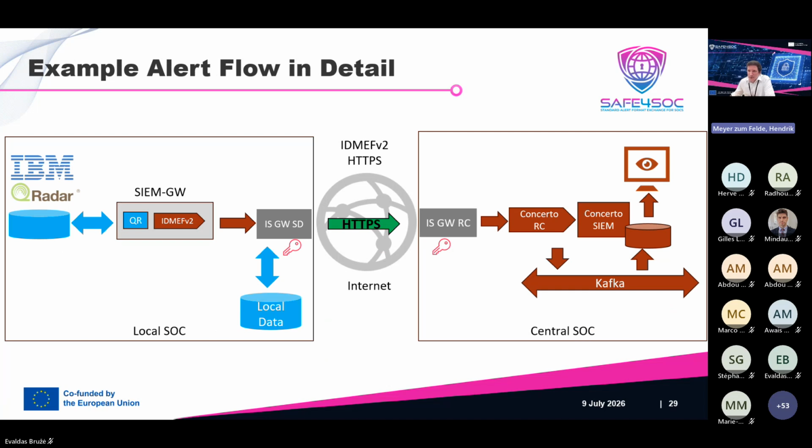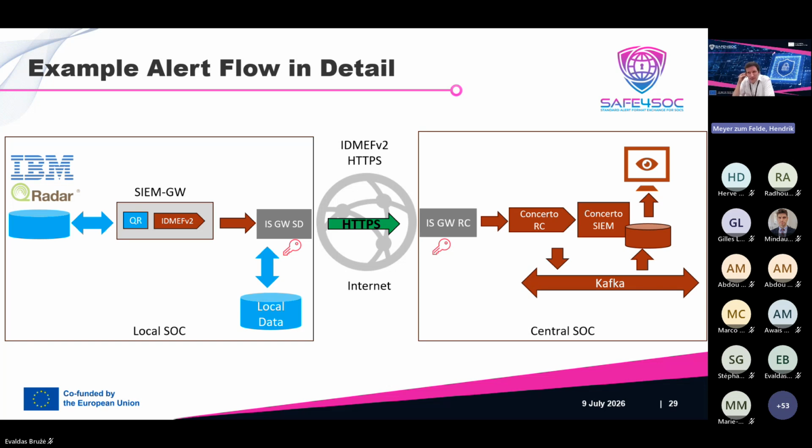So to give a more hands-on example alert flow, on the left-hand side you see the local Security Operations Center. For instance, you might have some source of the alert. In this case, maybe it's QRadar, which is a well-known technology in the field. The alerts from QRadar are formatted in the corresponding QRadar format.